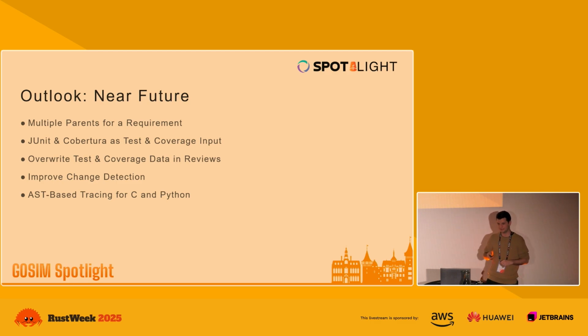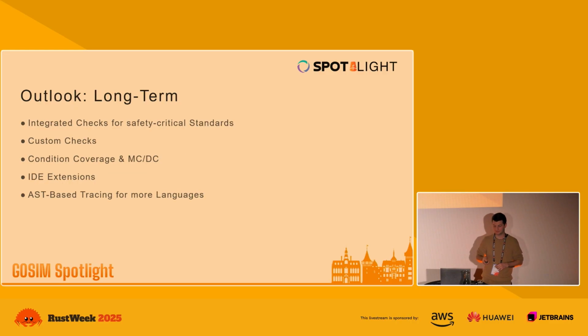Then for C and Python, I also want to get the AST-based tracing, because those languages are quite often used in safety-critical applications, so having those with the AST-based one is quite important.